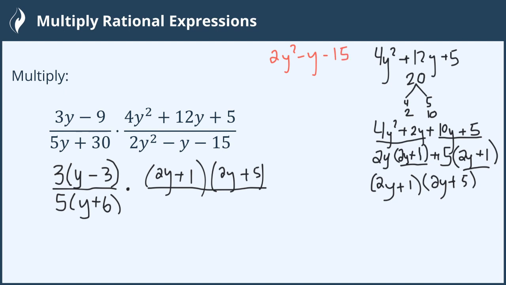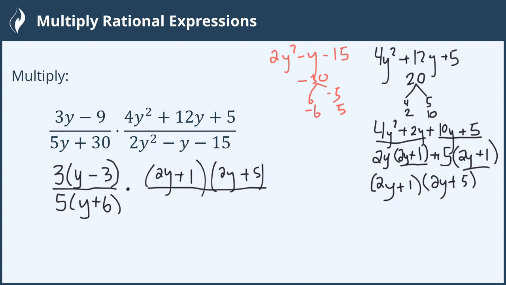Using the AC method, I'm going to do 2 times negative 15, which is negative 30. Now I'm looking for factors of negative 30 that add to make negative 1, which is b. I could do 6 times negative 5. That would give me negative 30, but that's not going to give me negative 1. But what if I change it and do negative 6 times positive 5? That would give me a negative 1 when I add them.